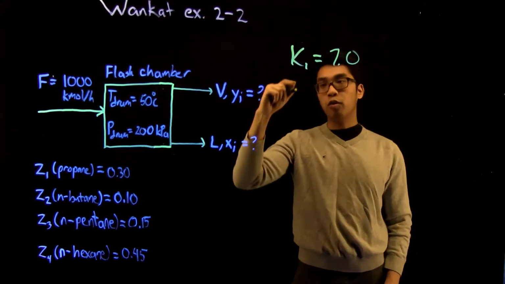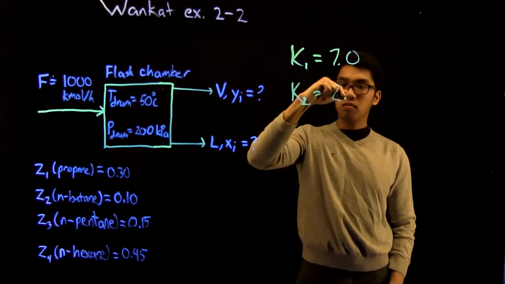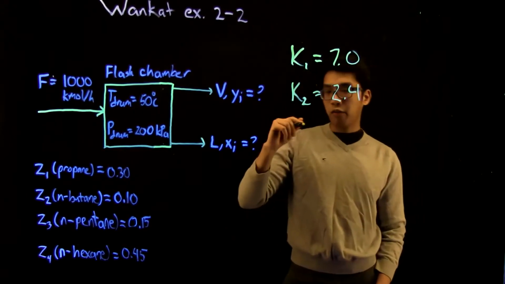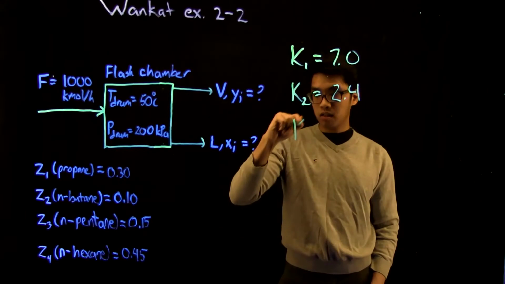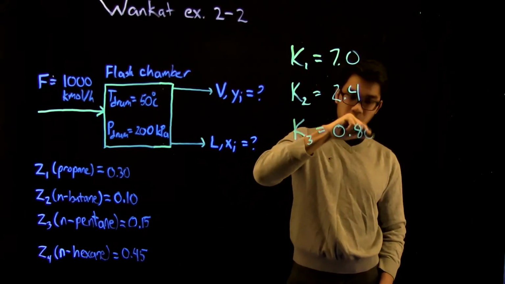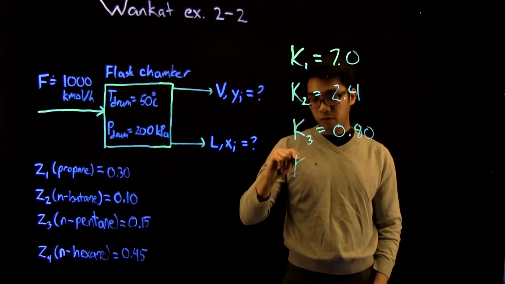K2 is equal to 2.4. K3 is equal to 0.80. K4 is equal to 0.30.